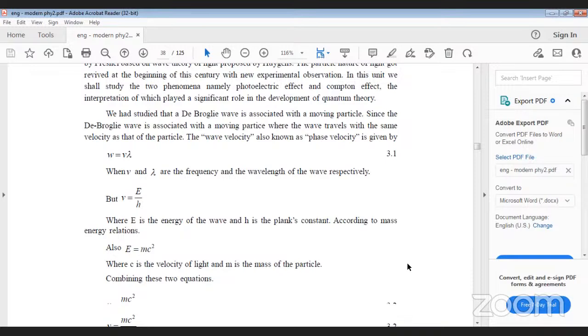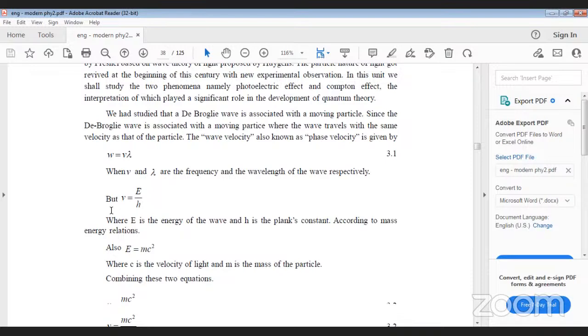The wave includes the particle, but the particle has mass as well as velocity. When the wave travels with the same velocity as that of the particle, the wave velocity is also known as phase velocity. So you can see here, w equals nu lambda, not v, where nu is the frequency and lambda is the wavelength.